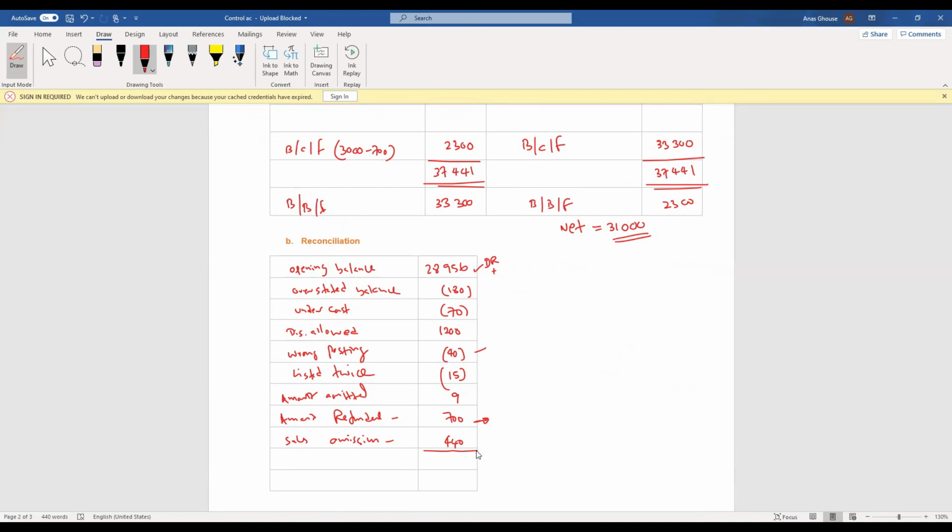How much? 31,000. So which means the individual account balance is matching with the control account balance of 31,000. As you can see, after rectification, the balances are matching each other.